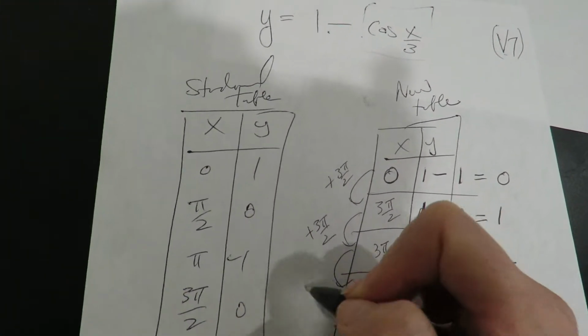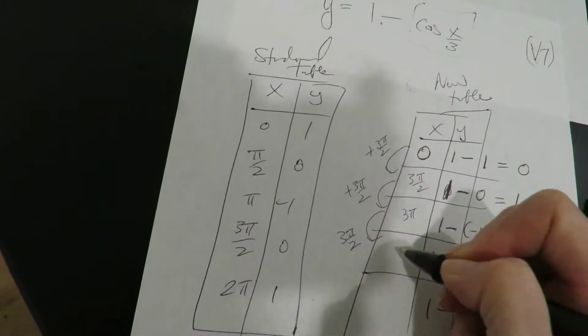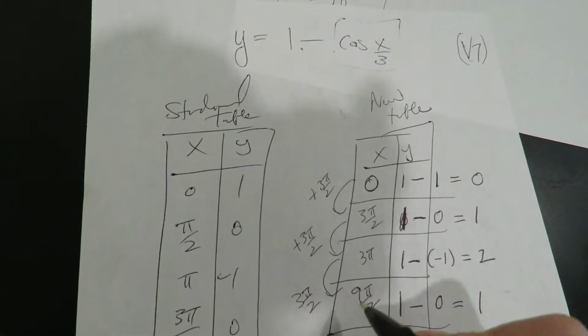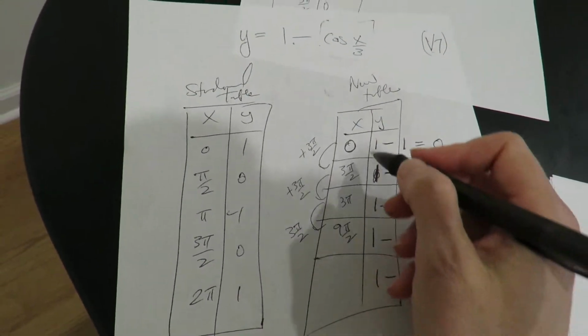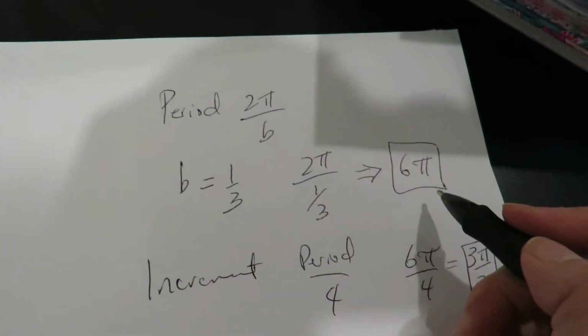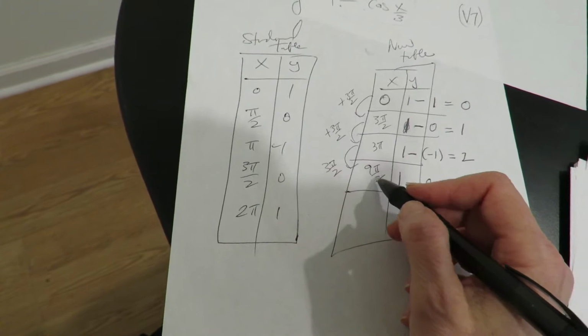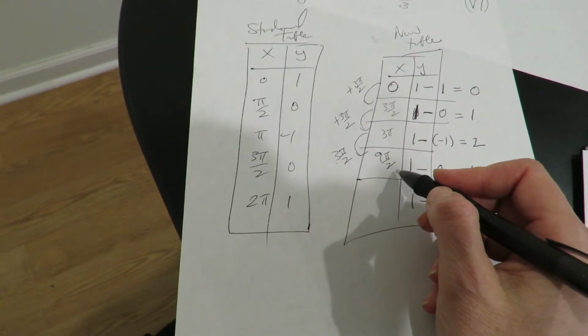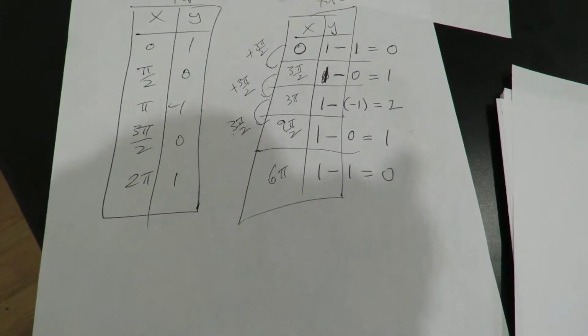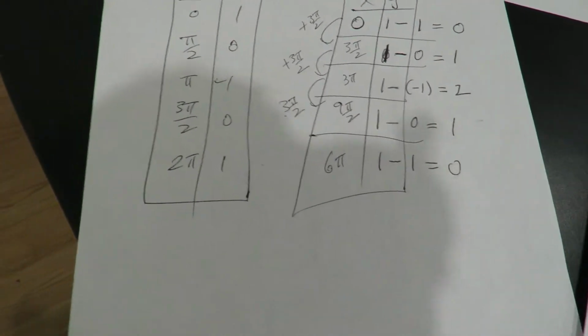I'm going to add 3 pi over 2. That's going to be 9 pi over 2. Then I'm going to add, just to check myself, because if we start at 0 and we're a width of 6 pi, we should end at 6 pi. Alright, then I'm going to add 3 pi over 2 to that. That's 12 pi over 2, which is indeed 6 pi. Okay, great, because really the table's the toughie spot.